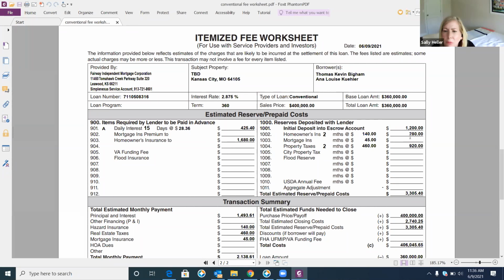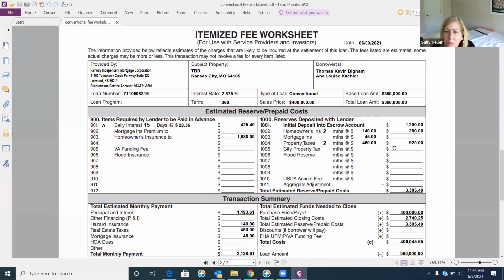I did not cover that well enough. Good question. When you close, we have to collect 2 months of reserves of whatever your taxes and homeowners insurance is monthly, in case your taxes or insurance go up next year, so you're not hit with payment shock of, oh my gosh, I owe $1,000 because my taxes went up.